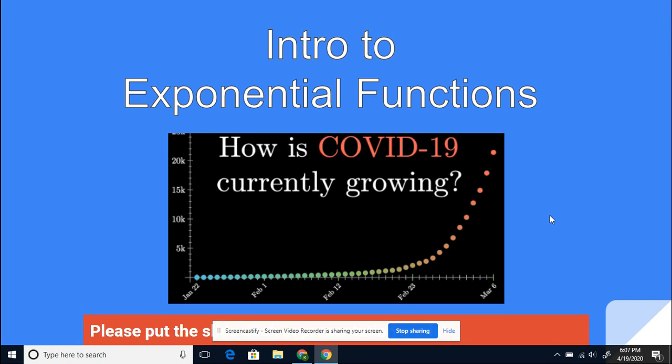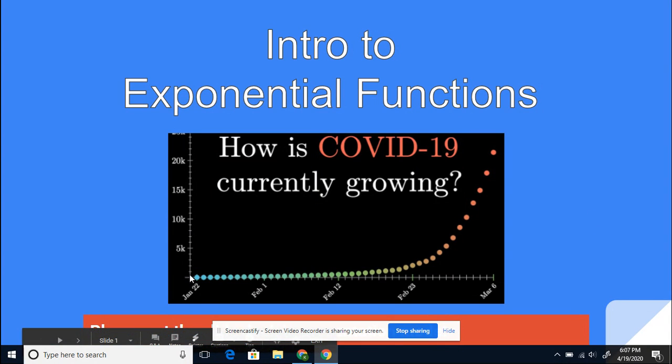Always tying this content into a real world application, there's nothing more fitting than what's going on in the world around us right now, which is obviously the COVID-19 virus. We are hoping that by staying home and sheltering in place, we're flattening the curve. I'm sure you've heard that on the news or reading it online.